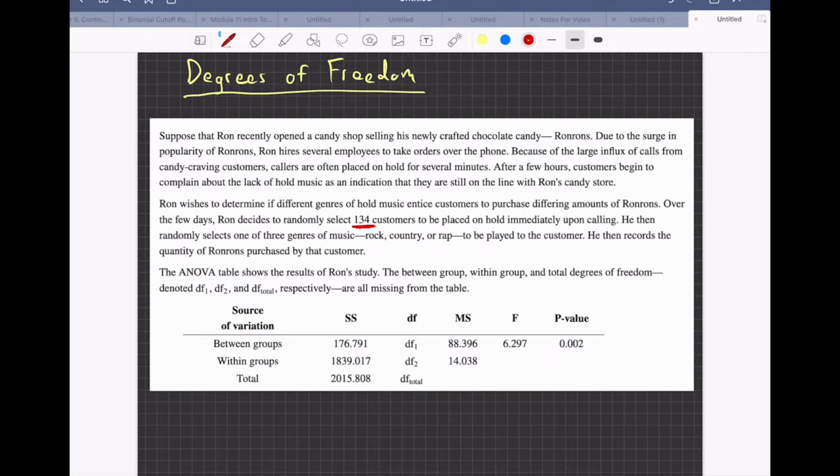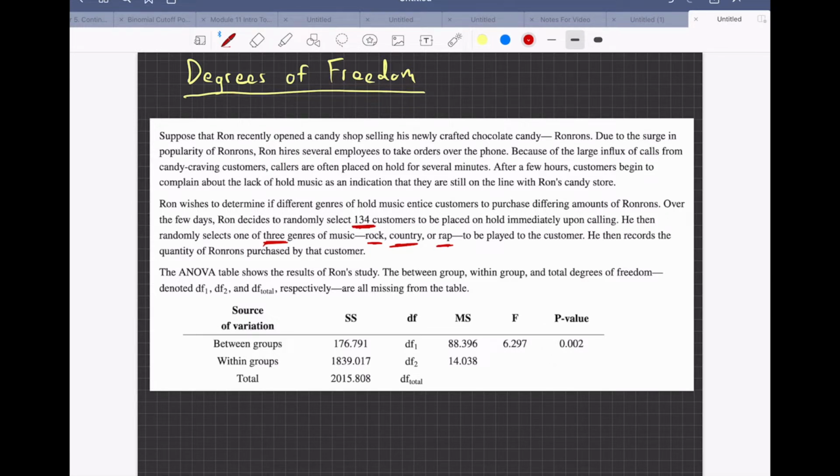He then randomly selects one of three genres of music: rock, country, or rap, to be played to the customer. He then records the quantity of Ron Runs purchased by that customer. The ANOVA table shows the results of Ron's study; the between groups, within groups, and total degrees of freedom, denoted by DF1, DF2, and DF total respectively, are all missing from the table.